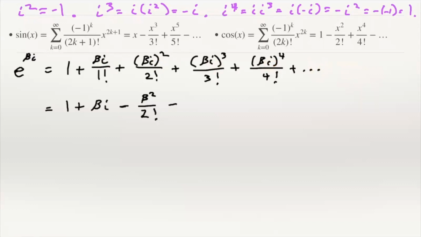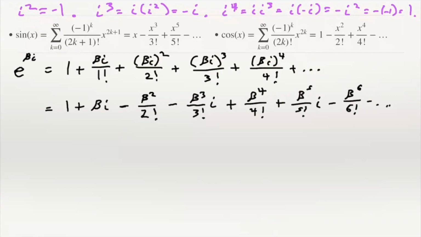So then we have a negative beta cubed i over 3 factorial. i to the 4th is +1, so that's just beta to the 4th over 4 factorial. The next term, i to the 5th, that will be just i. The next term, i to the 6th, that's the same as i squared. That's -1, etc. But this is going somewhere quickly, I promise.